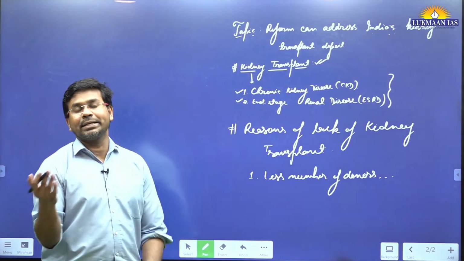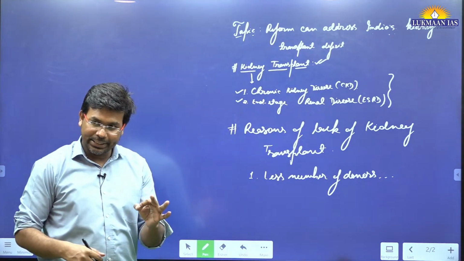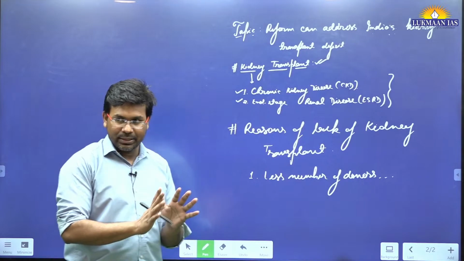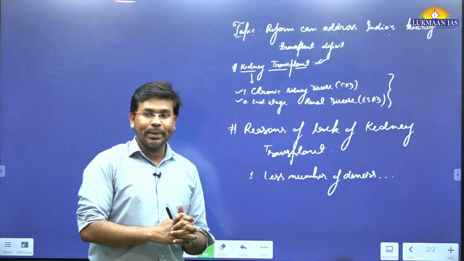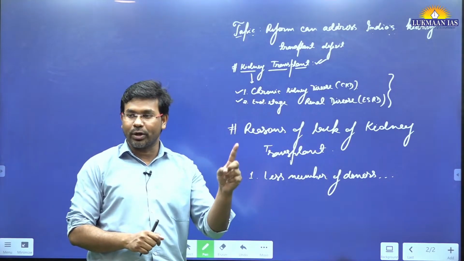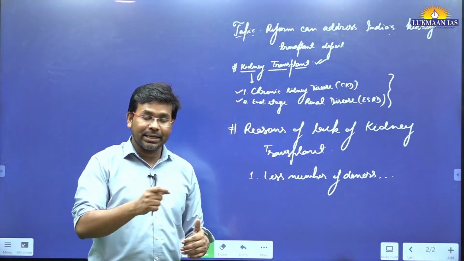There are some countries in the world with legislation under which, if a person dies, it is automatically considered that he has consented to donating his organs, unless he explicitly said that he is not willing.